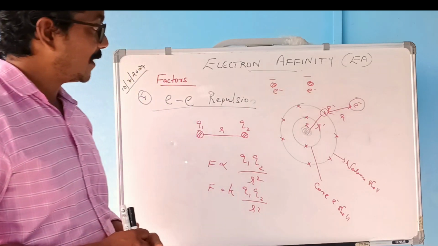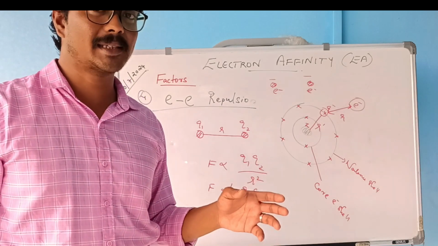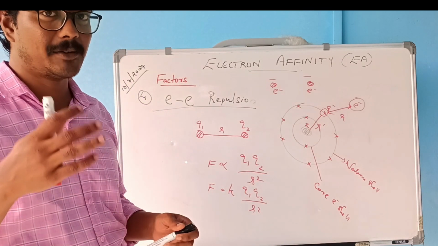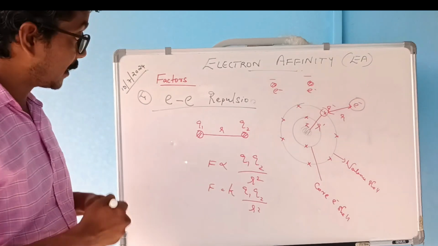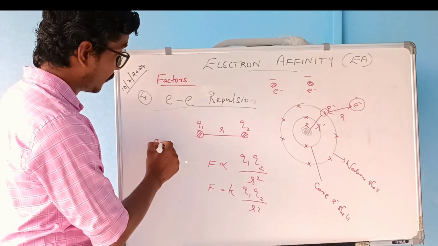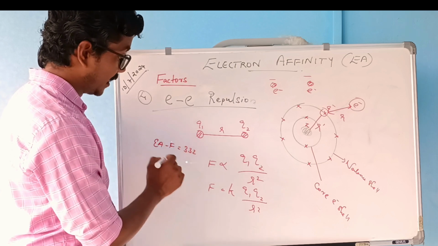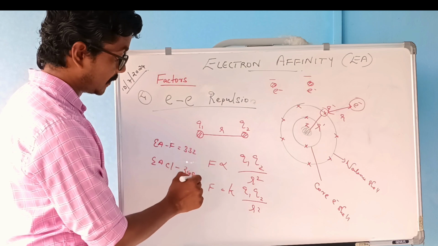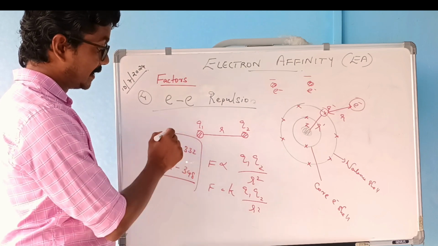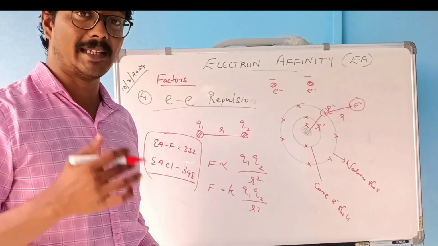So this is the reason fluorine has a much lower electron affinity than chlorine. The electron affinity of fluorine is 332 and the electron affinity of Cl is 348. This is the reason why fluorine has a lower electron affinity than chlorine.